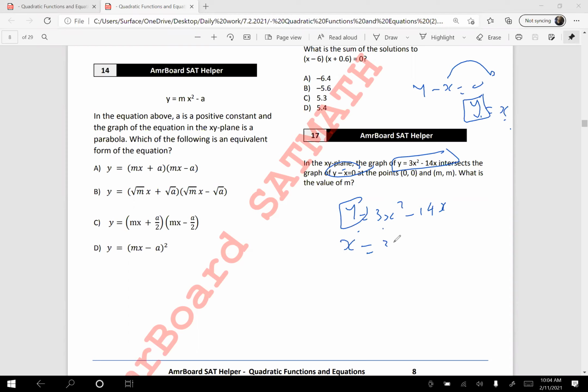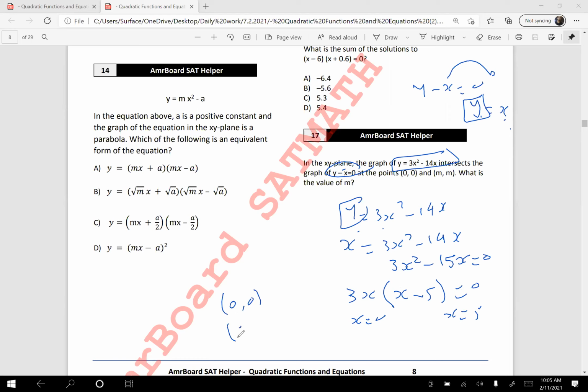X will be 3x squared minus 14x. Transfer x to the opposite direction. It will be 3x squared minus 15x equals 0. And factorize. You understand? Yes. X minus 5, then either x equals 0 or x equals 5. Then m and n are equal. So it will be 0 and 0 or 5 and 5.